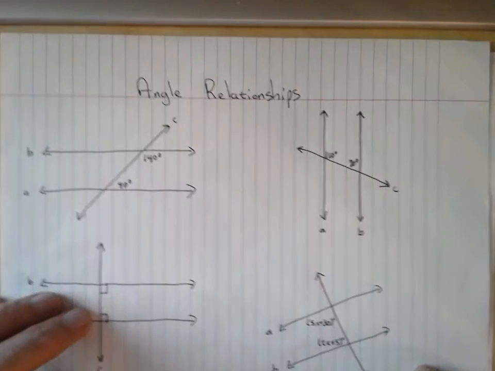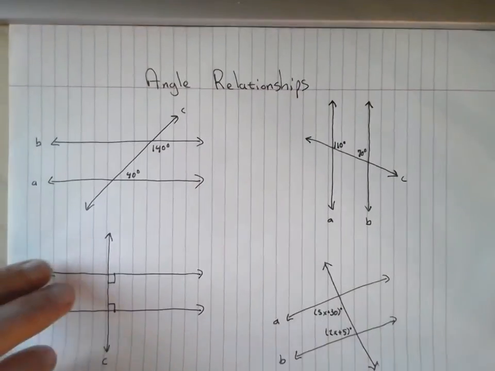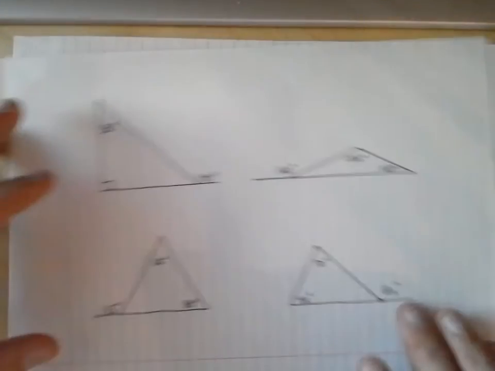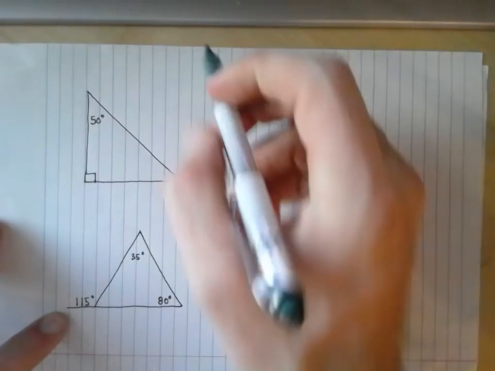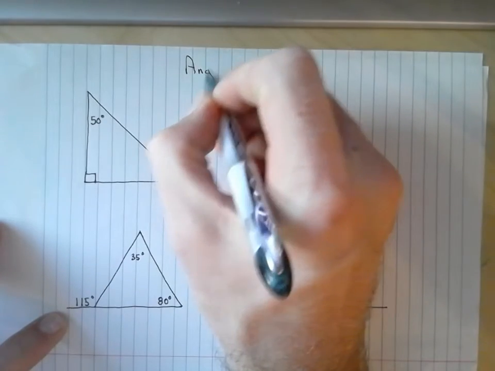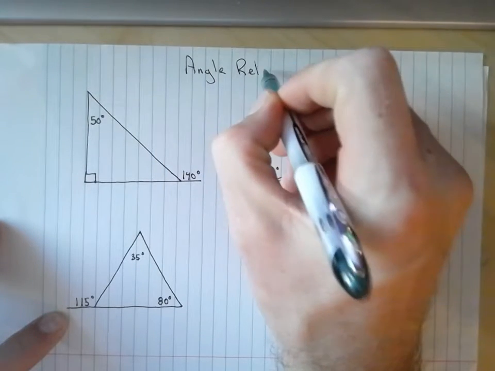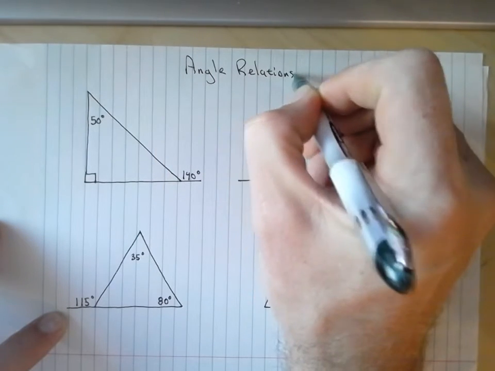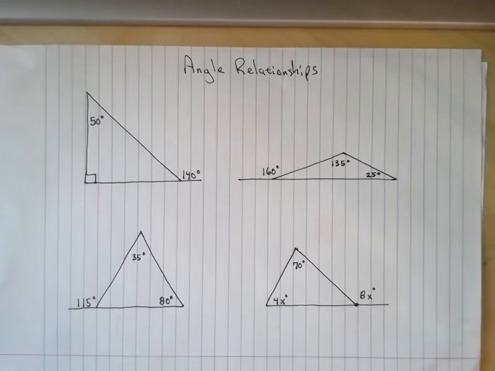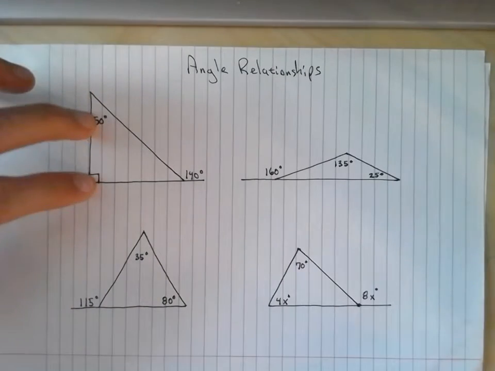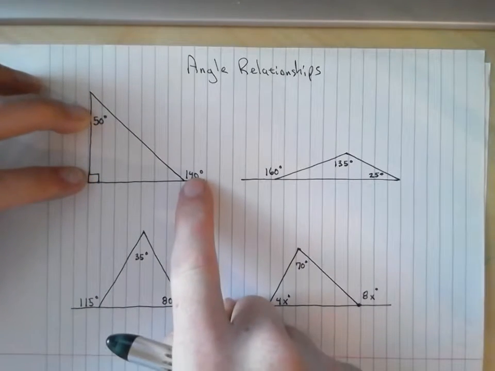Now I'm going to show one more example of angle relationships, but this time we're going to be relying on triangles. So it's still an angle relationships problem, it's just different relationships. Again, we're looking for patterns, and we want to see the relationship between these two angles and this angle here.